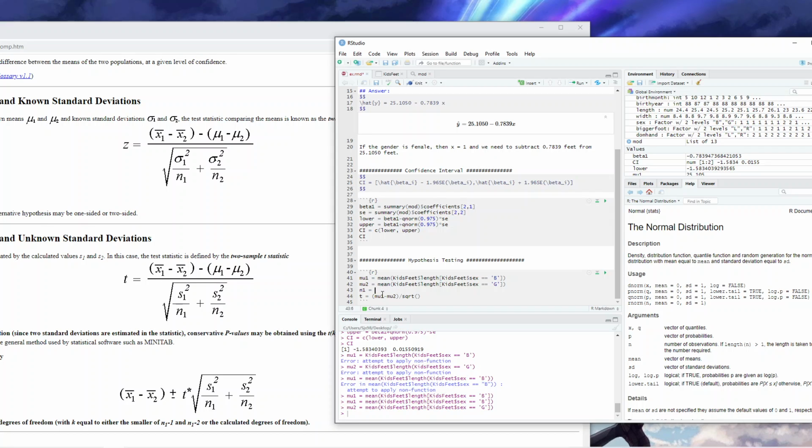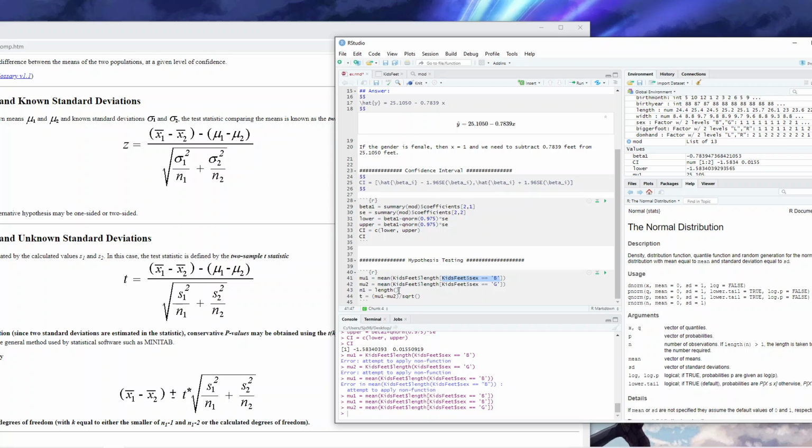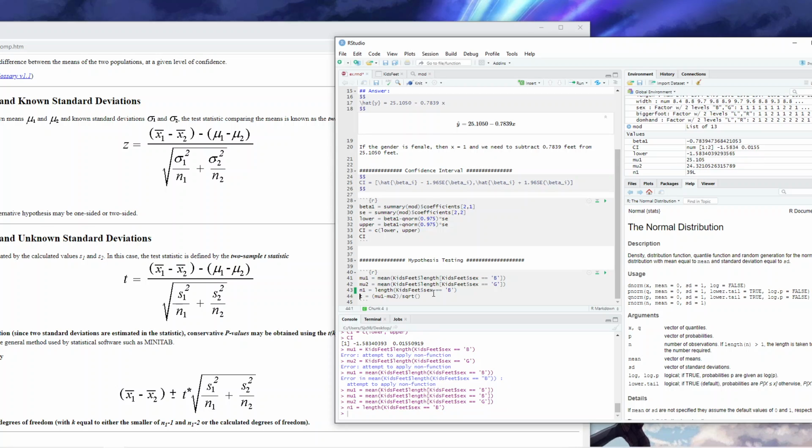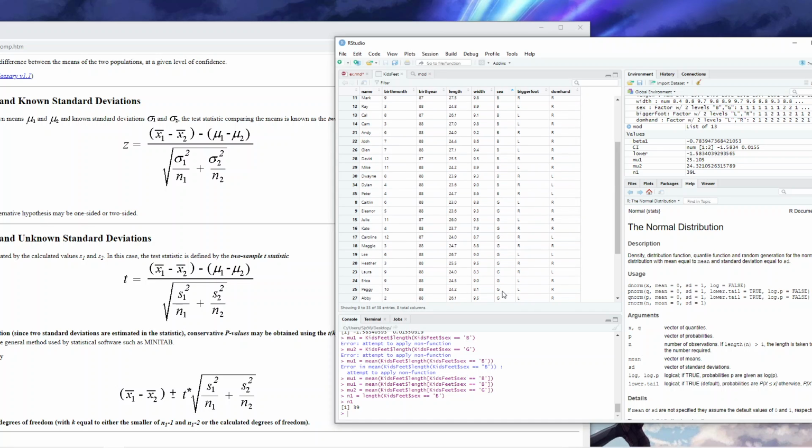I want to use a length function when this equals boy. Let me see if this can give me the number here. Okay, so no. That means we have 39 boys? Doesn't make sense. Oh wait.